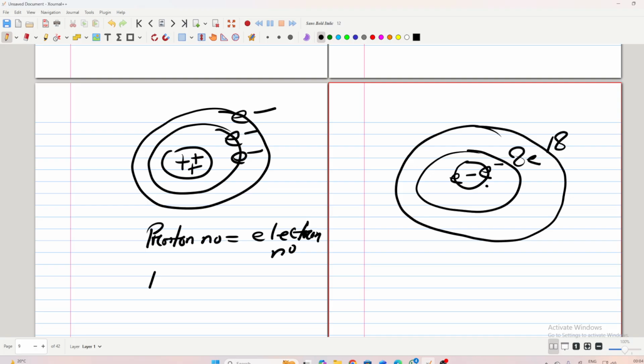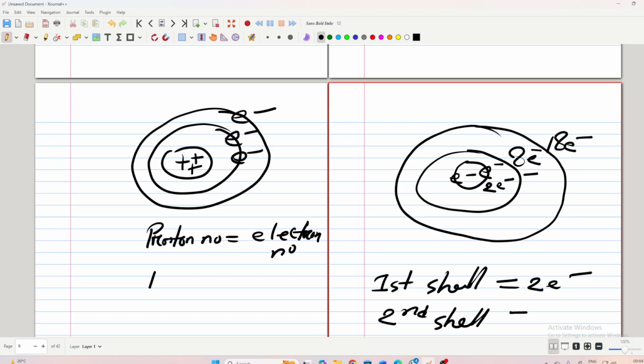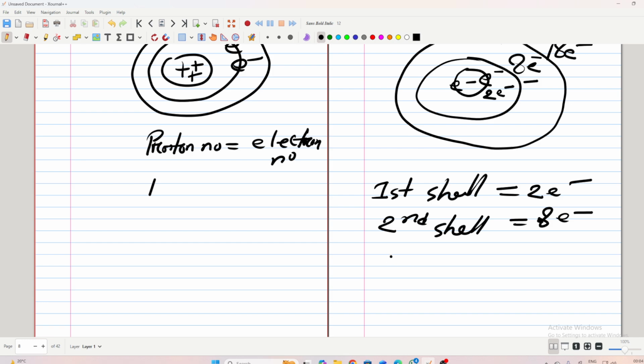So let me write it: first shell, how many electrons can stay here? 2 electrons. In the second shell, 8 electrons, and in the third shell, 18 electrons. Am I clear?